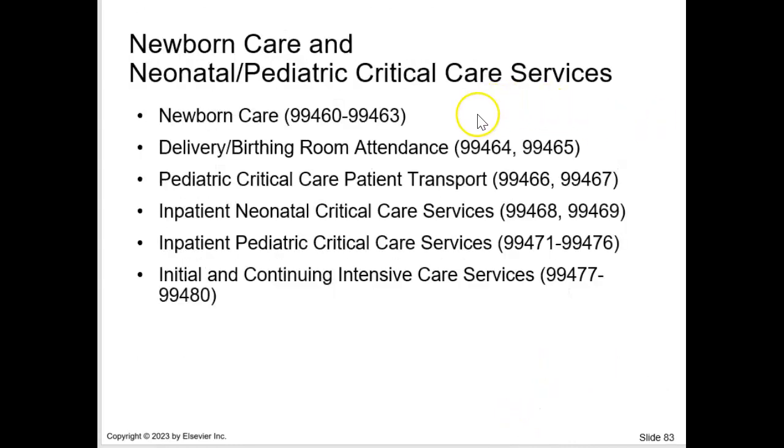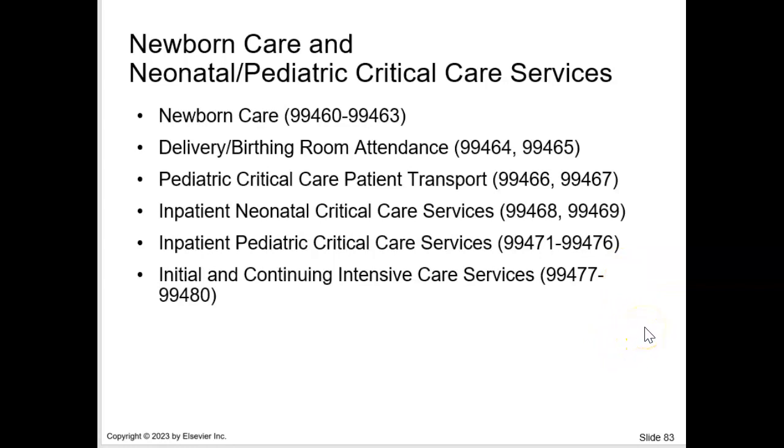And then we also have newborn care, right? They have their own little section. So we have newborn care, we have pediatric critical care. So just read through the different types of care that a newborn can have. And also the other thing with newborn, all right, so with these, make sure you look at the different codes.